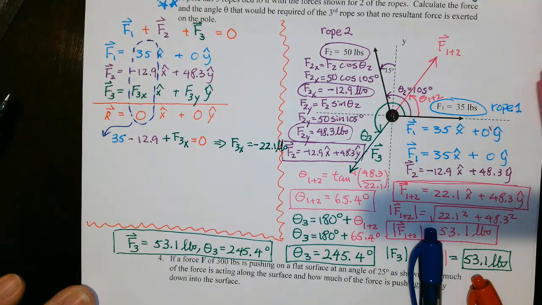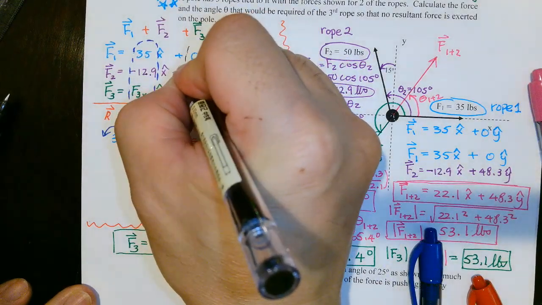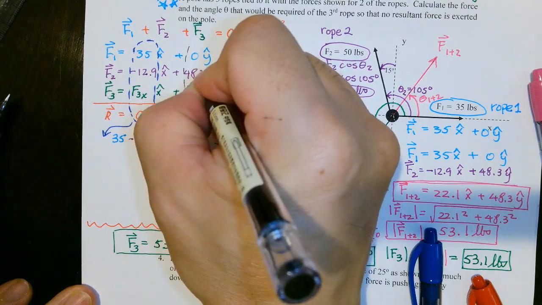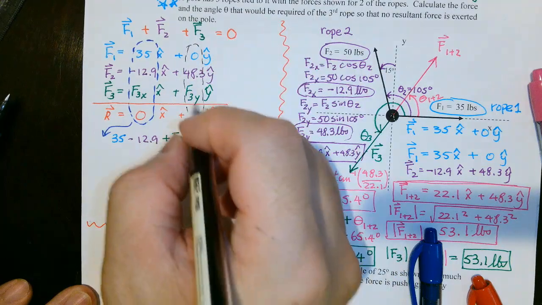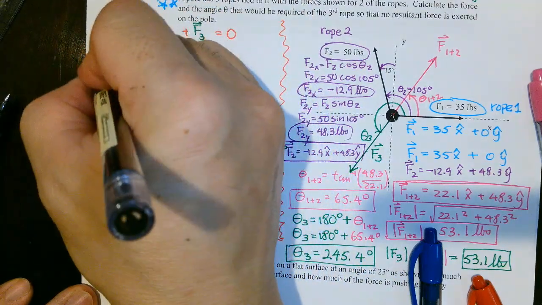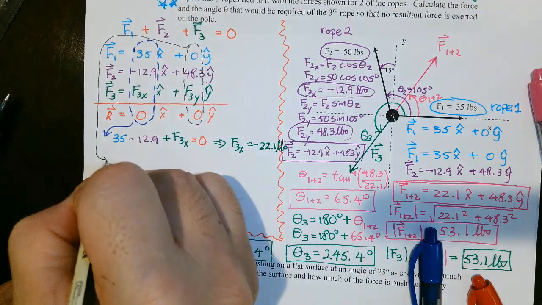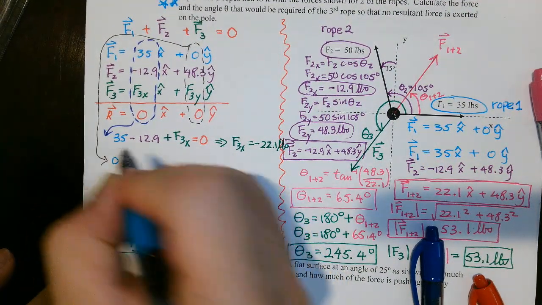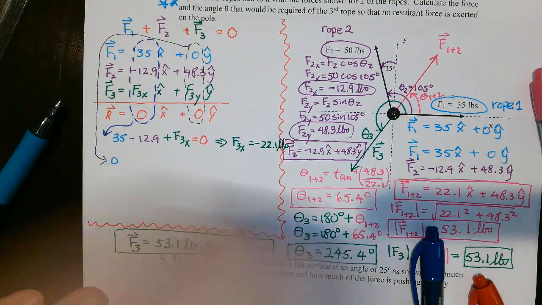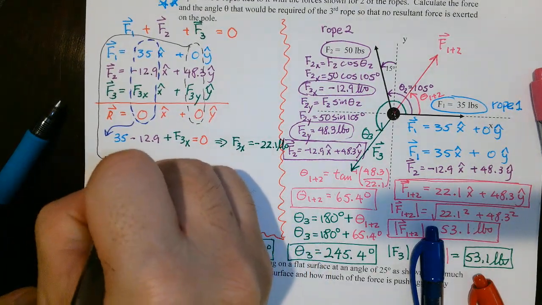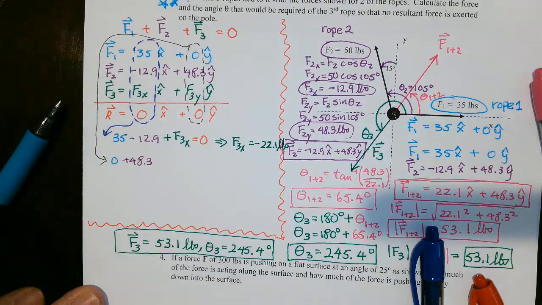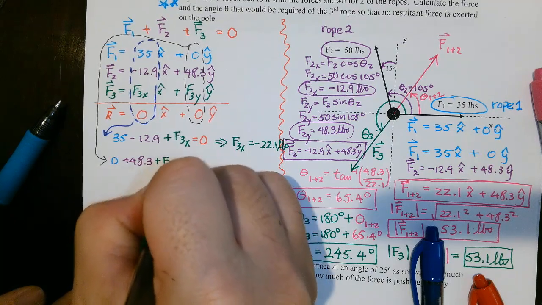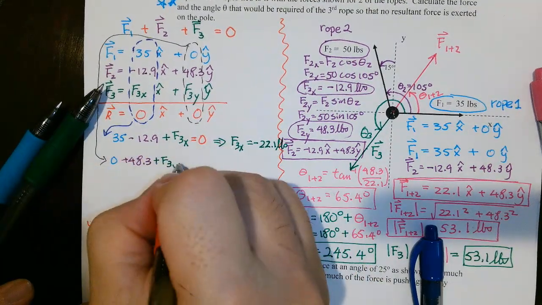And if I take a look at this, then I can say 0 plus 48.3 plus F3y is equal to 0.